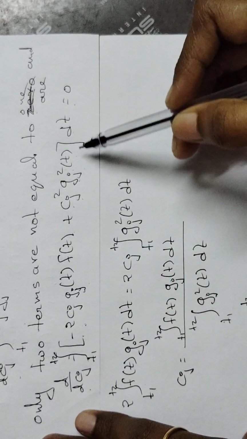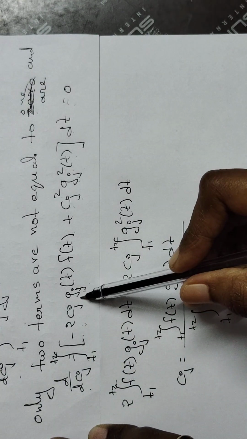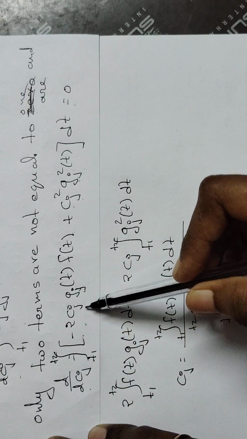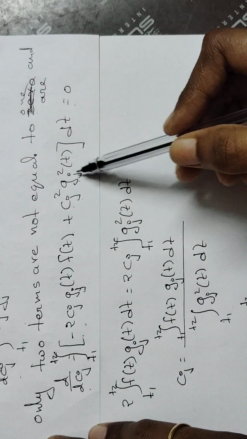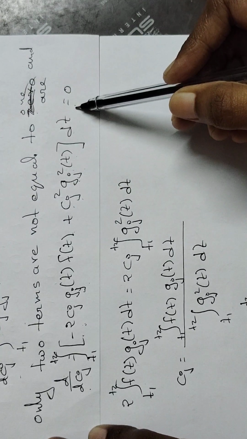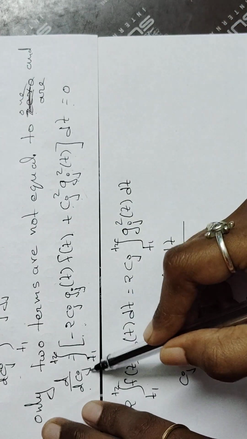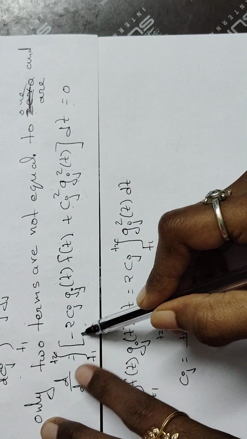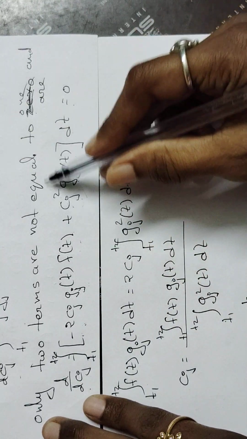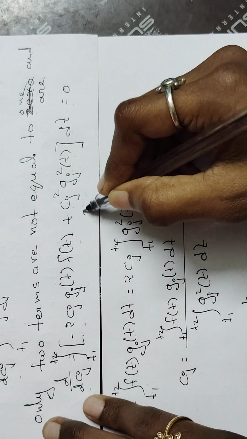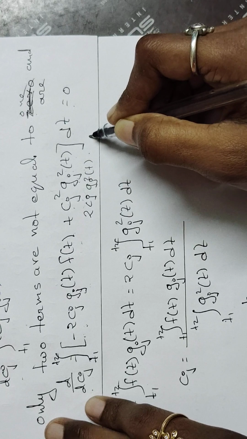In this equation, the differentiation and integration cancel. If you differentiate, the first term gives minus 2 cj gj of t into f of t, and the second term gives 2 cj gj square of t into dt.